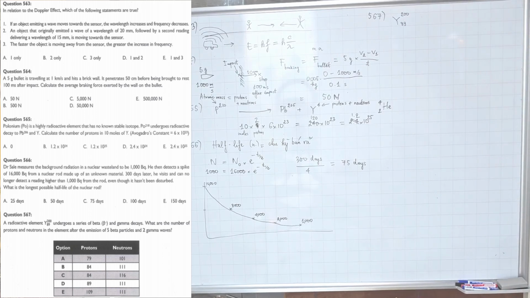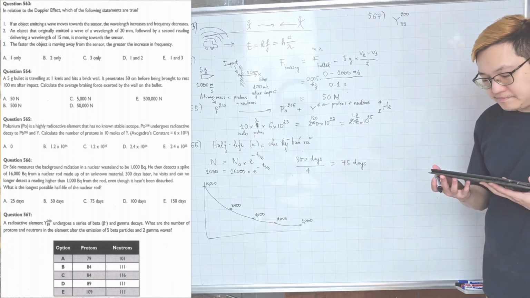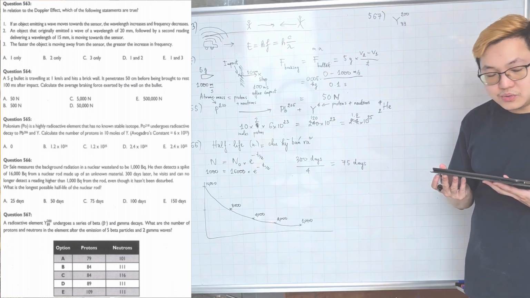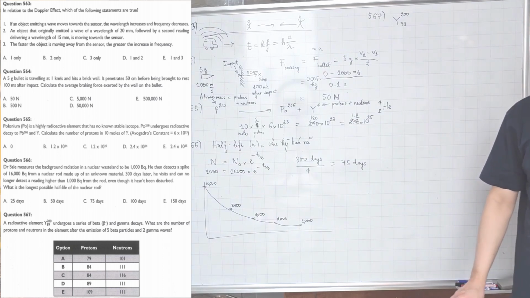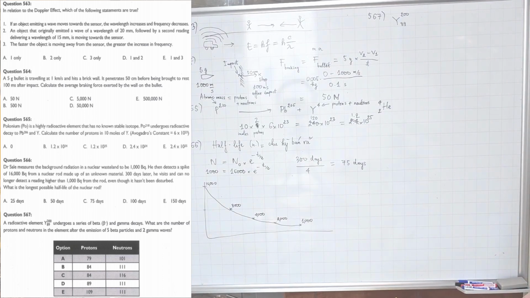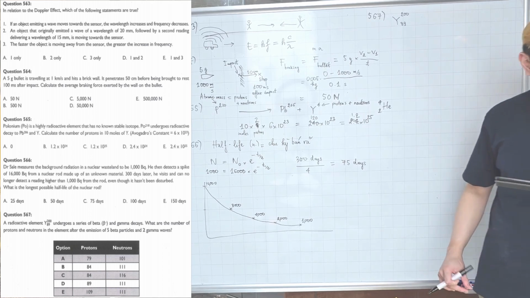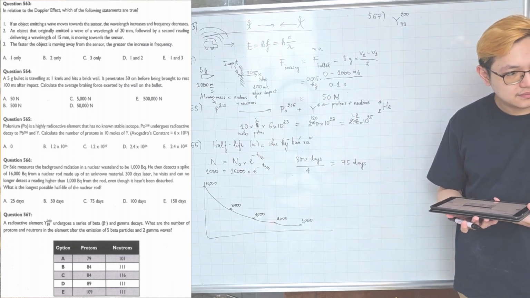What are the number of protons and neutrons in the element after the emission of 5 beta particles and 2 gamma waves? Nó hỏi là số lượng proton và neutron trong cái nguyên tố đó sau khi mà sự phóng thích của 5 cái tiểu thể beta và 2 cái tia gamma, 2 cái sóng gamma là bao nhiêu?